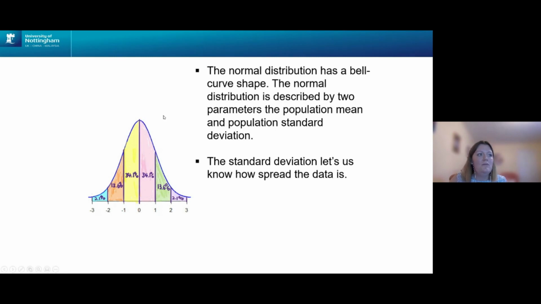Interestingly enough, with a normal distribution, if you were to look at the values that were a maximum of 1 away from the population mean, so the population mean plus 1 standard deviation, or the population mean subtract 1 standard deviation, then 68.2% of the values should lie within 1 standard deviation of the population mean. And we can see that typically most values from a normal distribution lie within 3 standard deviations of the population mean.